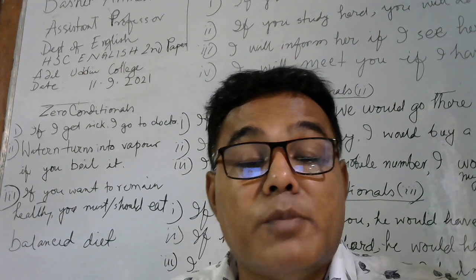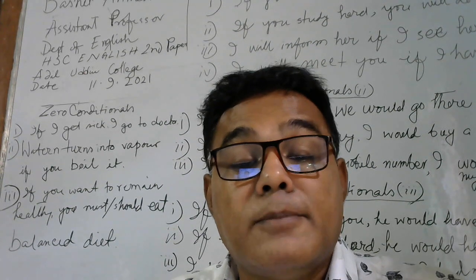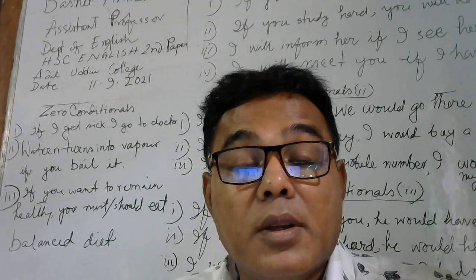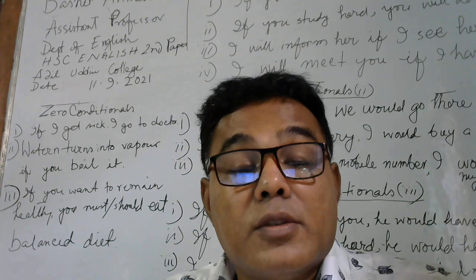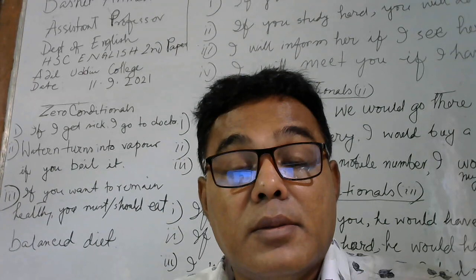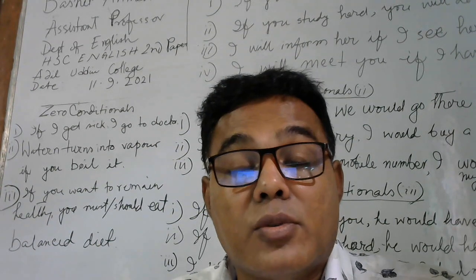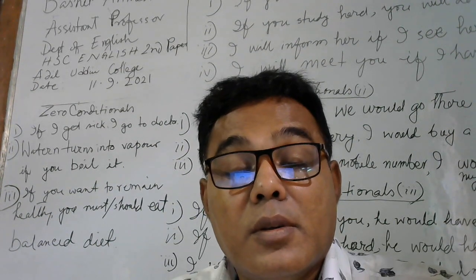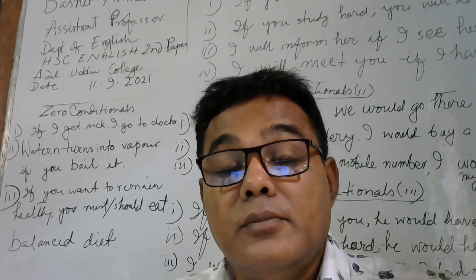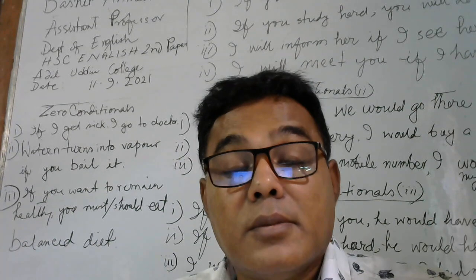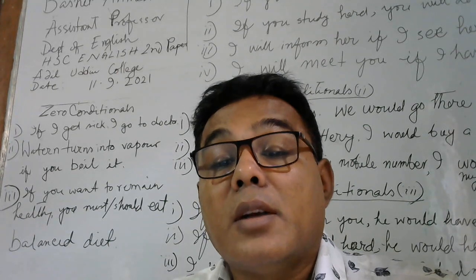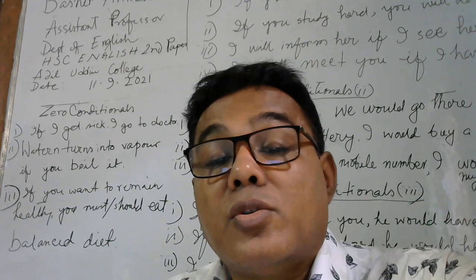But if you use the main clause at the beginning, you need not use a comma in that case. So, if you want to remain healthy, this is the general truth or scientific truth. You must eat a balanced diet. So next, I think it's a little bit clear to you.